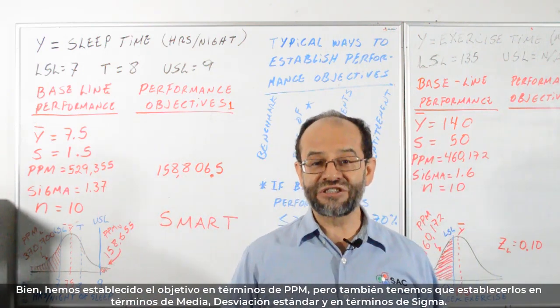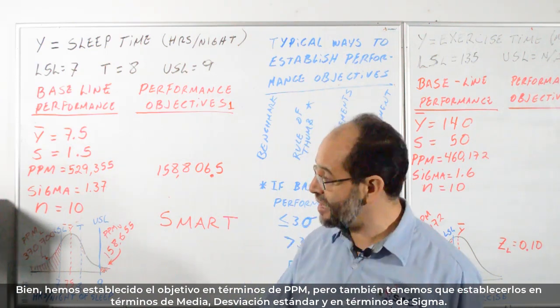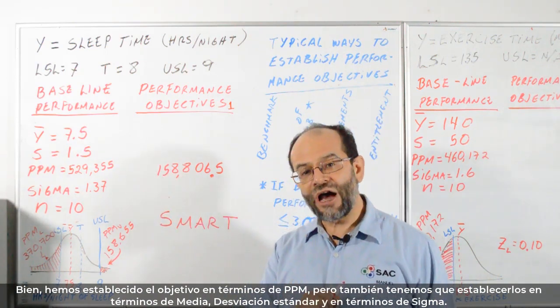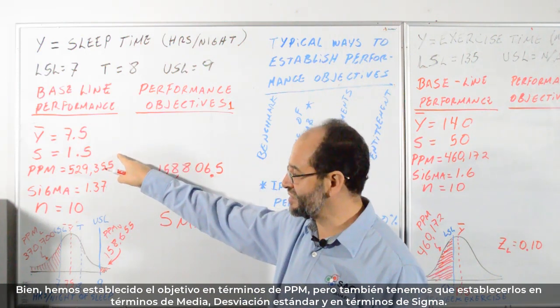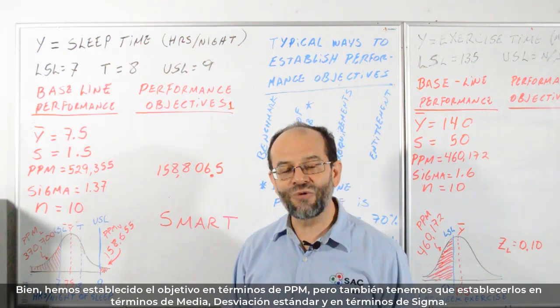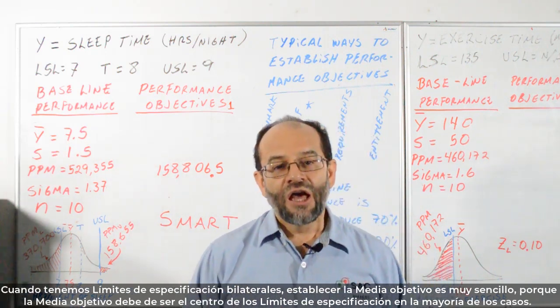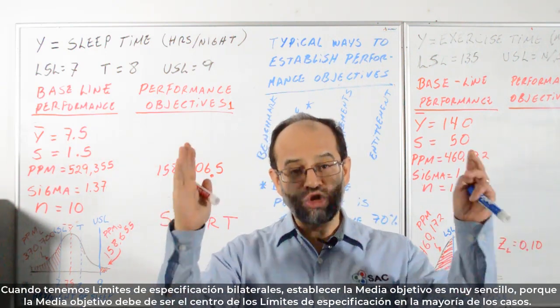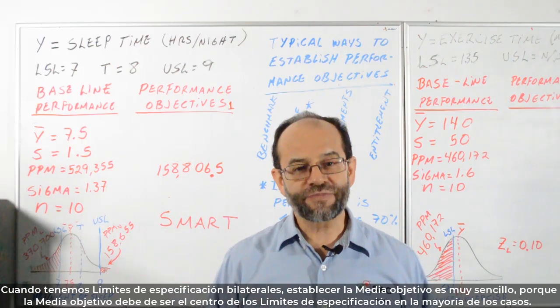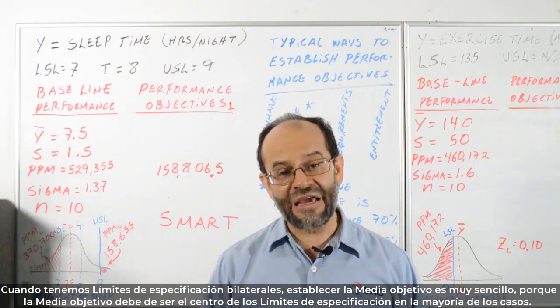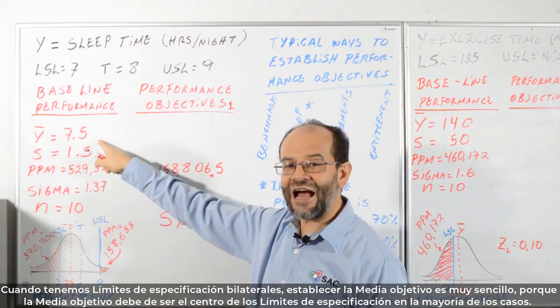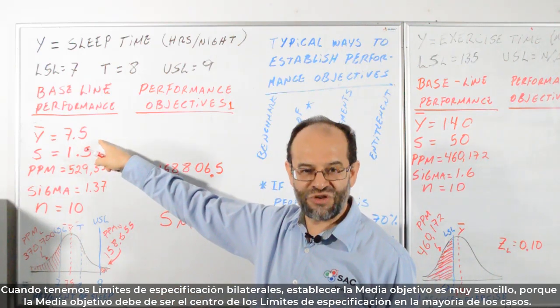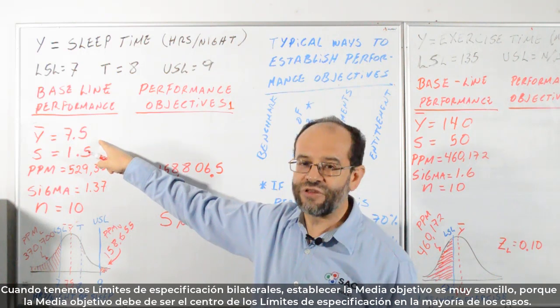Well, we have established the objective in terms of PPMs, but I also have to establish the objectives in terms of mean, standard deviation, and sigma. When we have two-sided specification limits, establishing the objective mean is very easy, because the objective mean has to be the center of the specification limits most of the time.